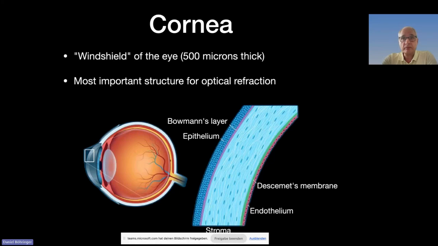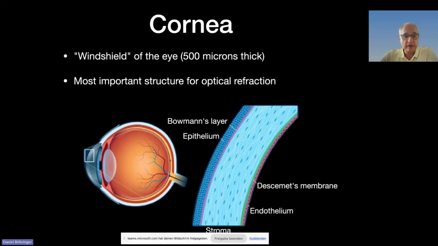And if this highly regular structure is somehow disturbed, we always get a disturbance of visual function. The more in the center, the more relevant.